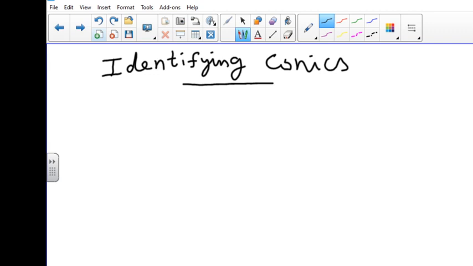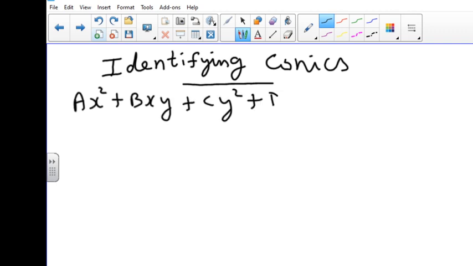The general equation of a conic is ax square plus bxy plus cy square plus dx plus ey plus f is equal to 0. So this is the general equation of a conic we have already seen.